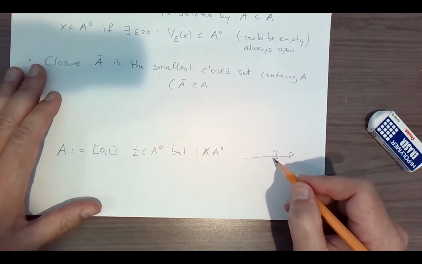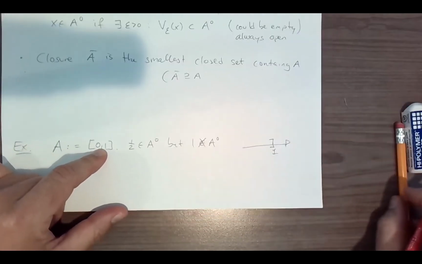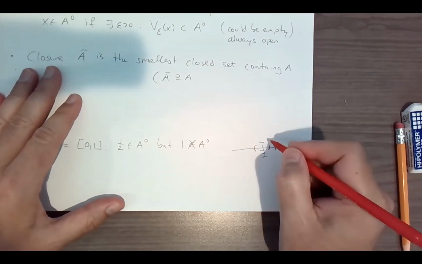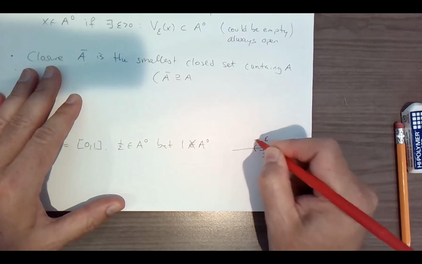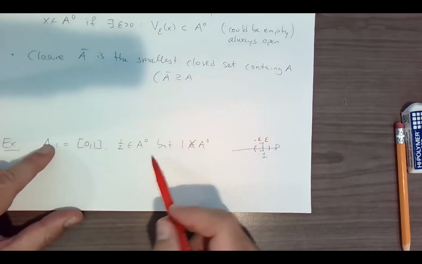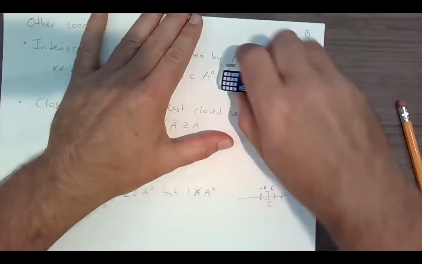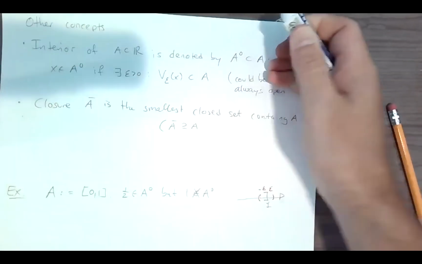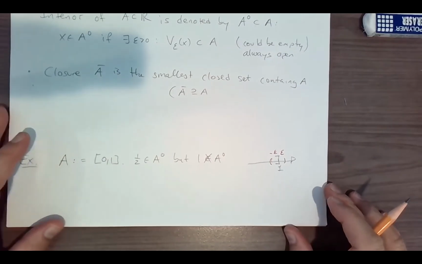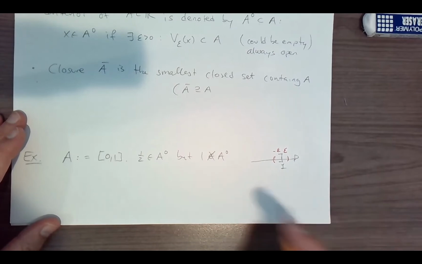I need to be able to put a ball around 1, with epsilon on one side and minus epsilon on the other. But the part of this interval beyond 1 is not inside A. So that's not in there.